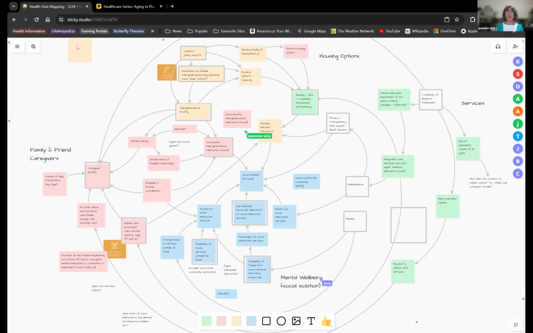So I'm going to go back to where you asked about intergenerational interaction, successful or perhaps not successful. There are a lot of arrows going into that. The questions we should be asking is, is that a key leverage point or not? Is there something we can do about it? And maybe the map's not quite right. Sometimes we look at it and go, yeah, that's not actually right.